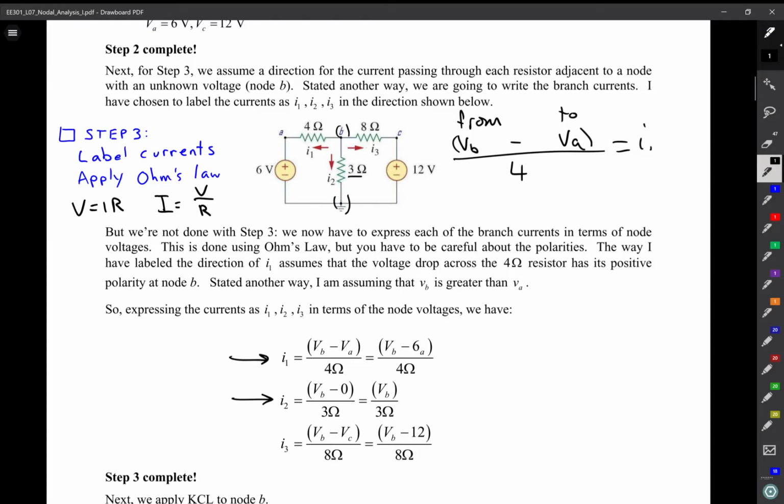I3 is equal to the voltage across the 8 ohm resistor, and it goes from B to C. So the current is equal to VB minus VC divided by 8. That is my application of Ohm's law for step 3 to label those currents. Okay, done with step 3.